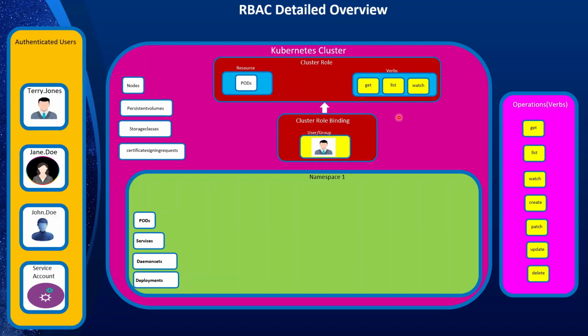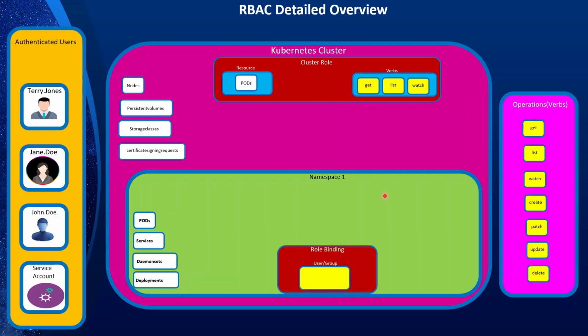What we could do is create a RoleBinding and then assign a person such as Jane Doe to the ClusterRole. So what it means is that Jane will have get, list, watch permission to all the pods within namespace 1.